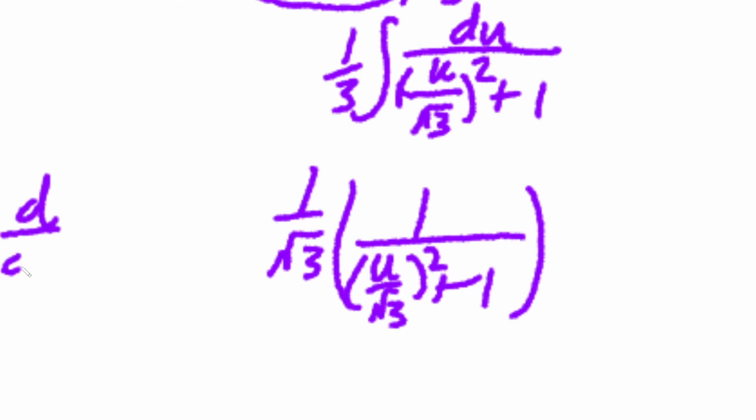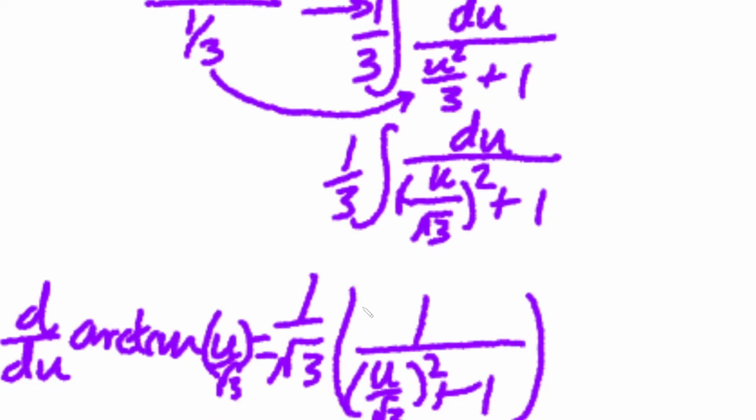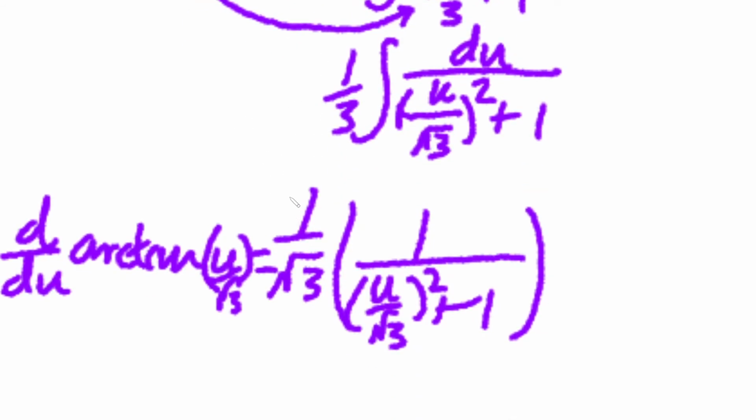So d by du of arctan u over root 3 equals this. Or in other words, if you wanted to multiply both sides by 1 over root 3, you would get this 1 over 3 outside, which is what you want in the end.